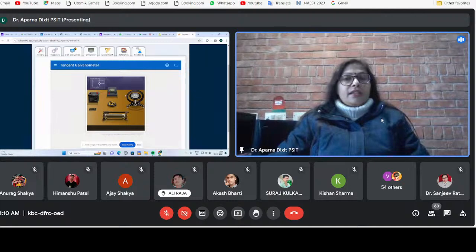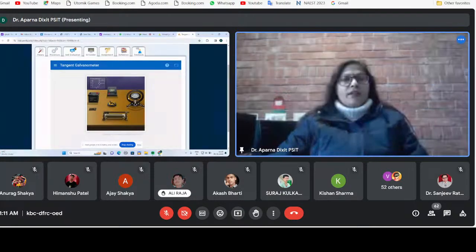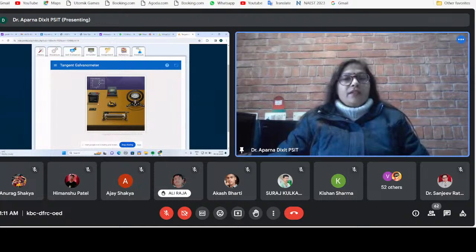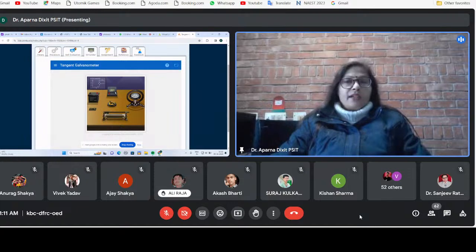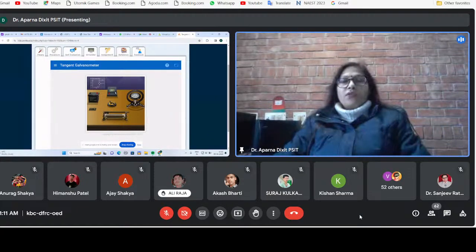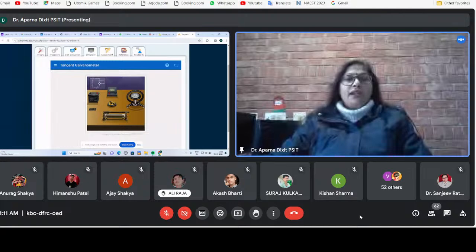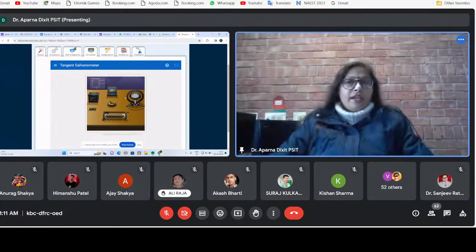This circular part consists of a coil which has N turns, right? This is a battery, and you can see here the ammeter and rheostat, accumulator, one-way plug key, and some connection wires. With the help of connection wires, we will attach them and close the circuit, and then we can see when current flows through the current carrying circular coil, what will happen? Deflection will be measured. We will measure the deflections. Fine.